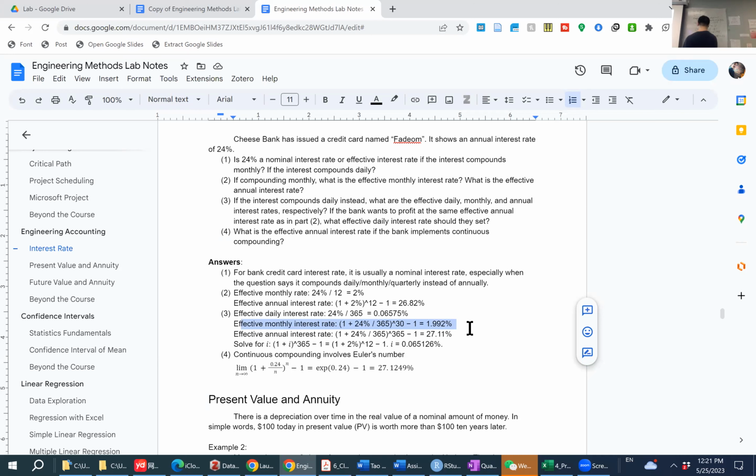And raise it to the power of 12 minus 1. This is the effective annual interest rate if we compound monthly. So we need to equalize this to an unknown quantity. So this is the effective daily rate raised to the power of 365 minus 1. So we need to equalize this function, then solve it, which gives us an effective daily rate.